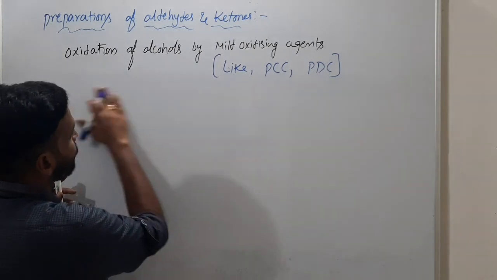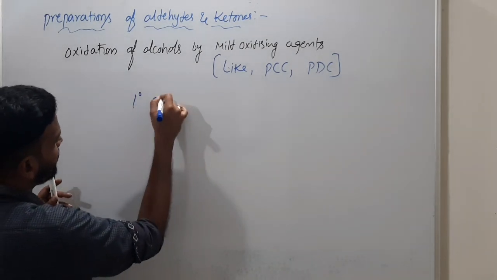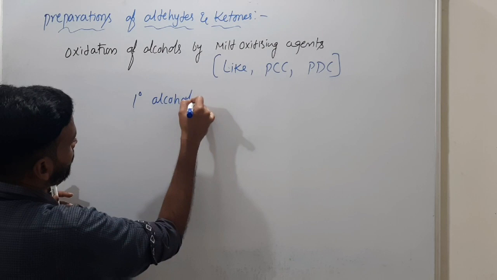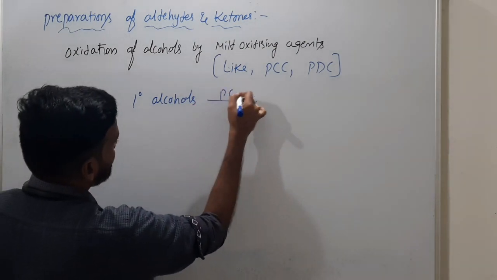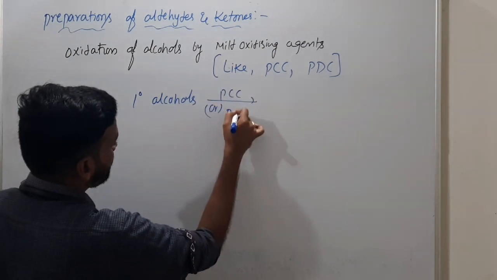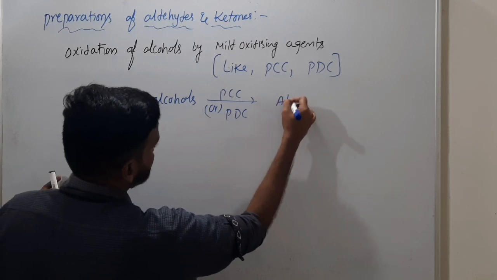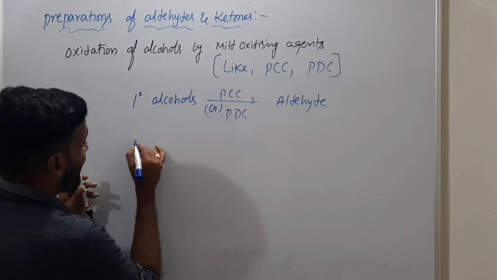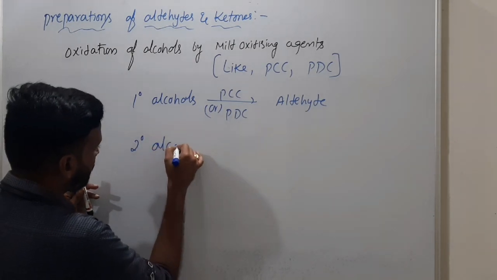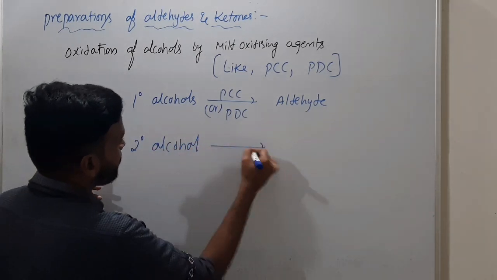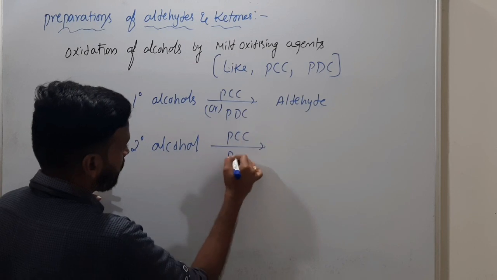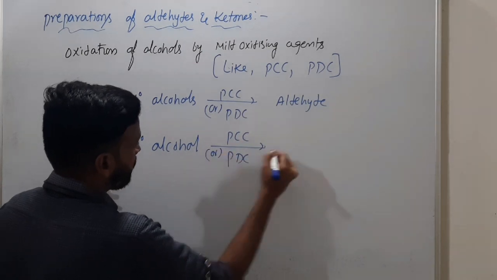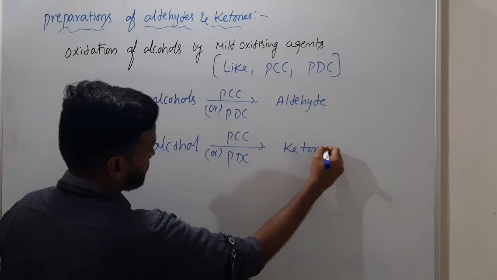I have said very clearly that primary alcohols on oxidation by PCC or PDC give aldehyde. The product is what? Aldehyde. And a secondary alcohol with PCC or PDC gives ketone, that's it.